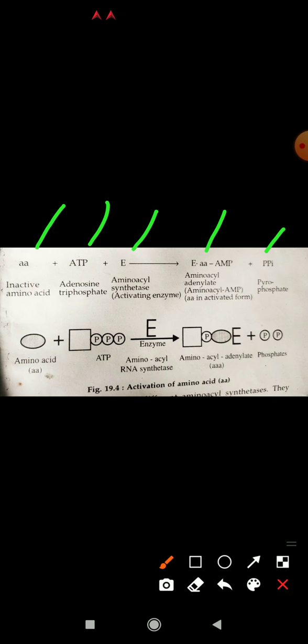So see once again, for the first time the amino acid gets activated, and activation is by ATP, that is, energy is provided from the ATP, adenosine triphosphate, and this process requires the activating enzyme amino acid synthetase.